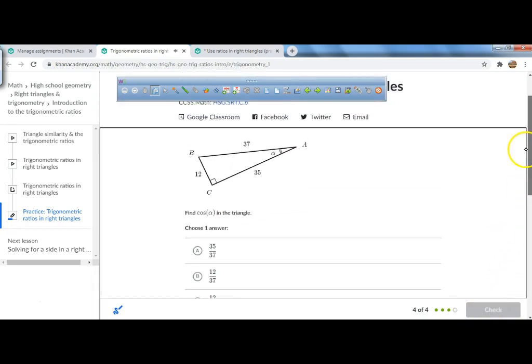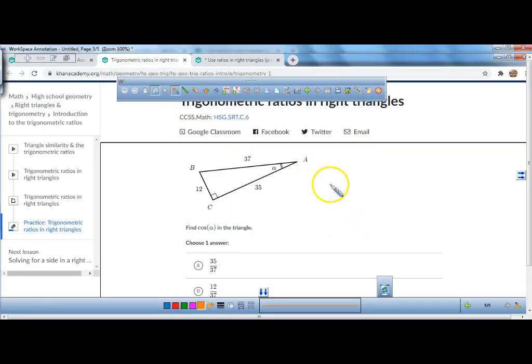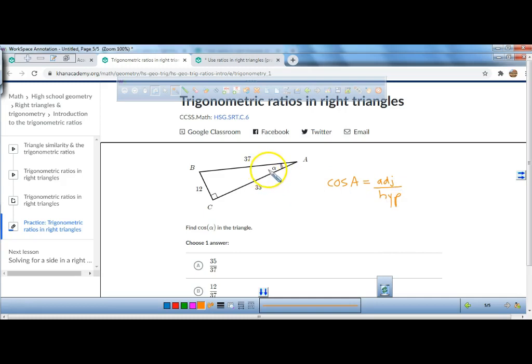Here we go. Once again, we have alpha. It says, what's the cosine of alpha, or cosine of A? It's going to be my adjacent side over my hypotenuse. So we have to find the adjacent side. I always draw my arrow. That's my opposite side, this is my hypotenuse, and this is my adjacent side.